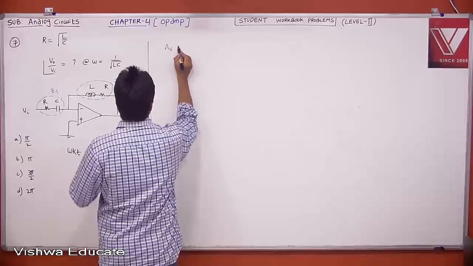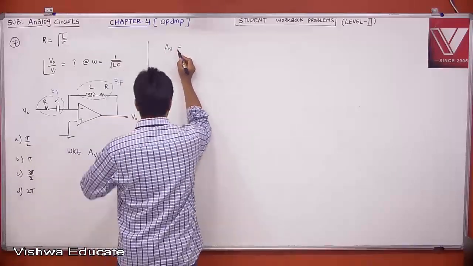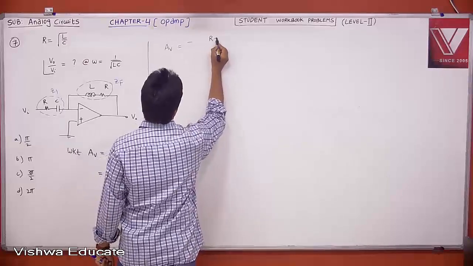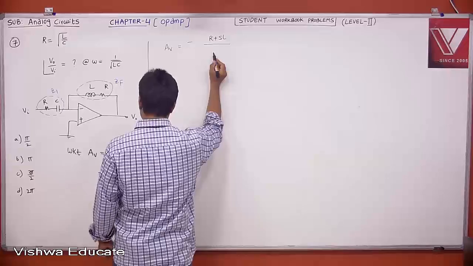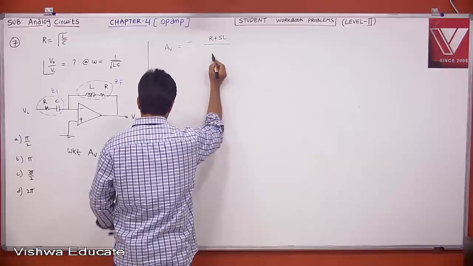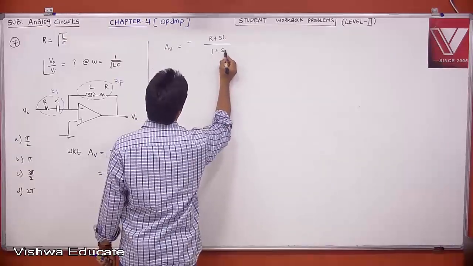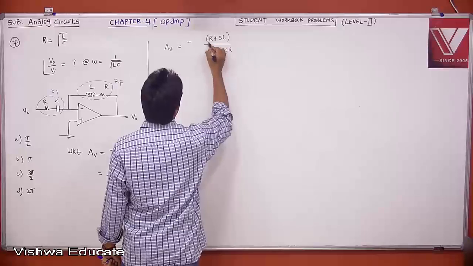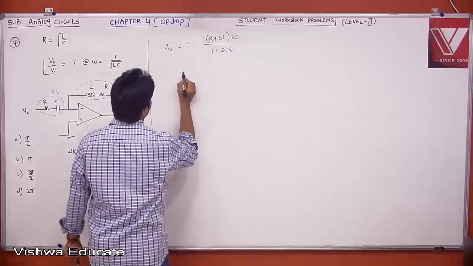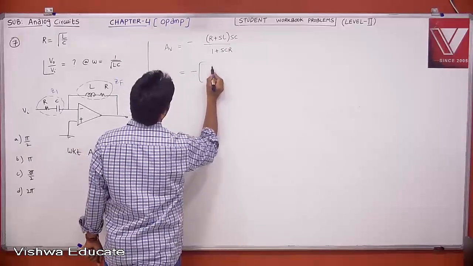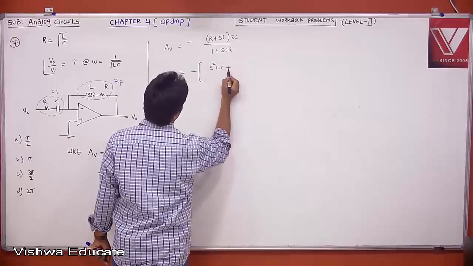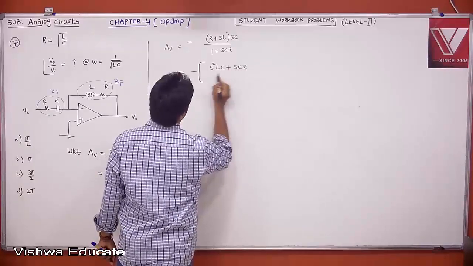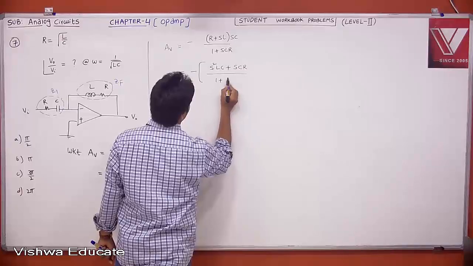Therefore, AV is equal to minus R plus SL divided by, if you take SC, then what you get? 1 plus SCR, and this SC you can take to numerator. Then you get minus S square L into C plus SCR divided by 1 plus SCR.